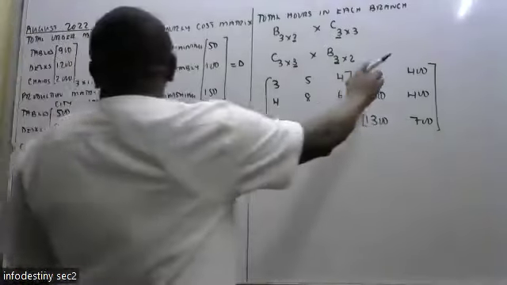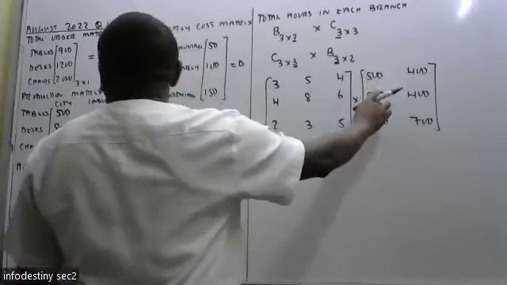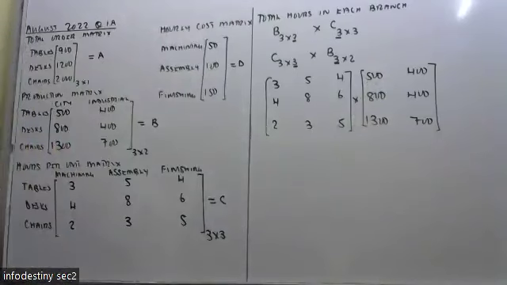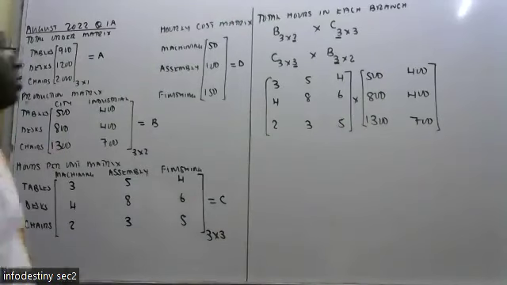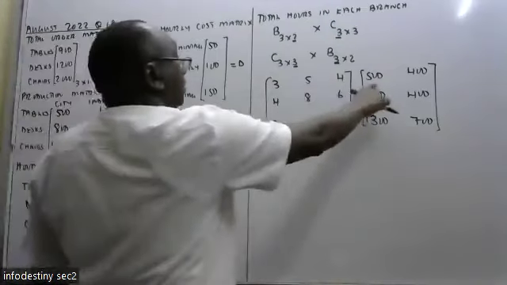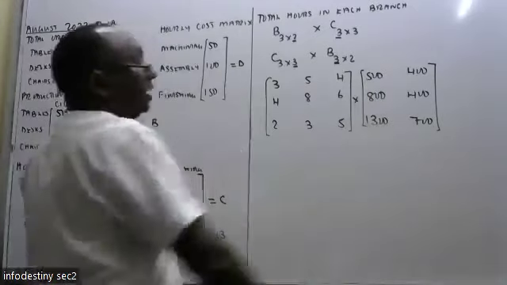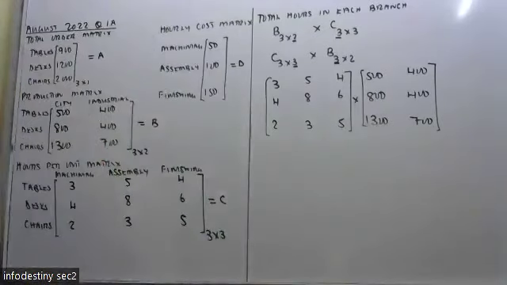These are tables, these are desks, and these are chairs. So they will not make sense, because I would take 3 times this, then 5 times this, and 4 times this. That will not make sense.